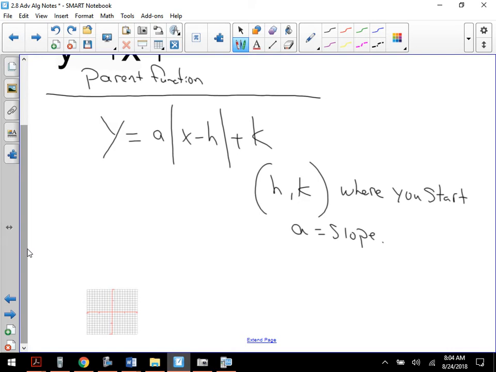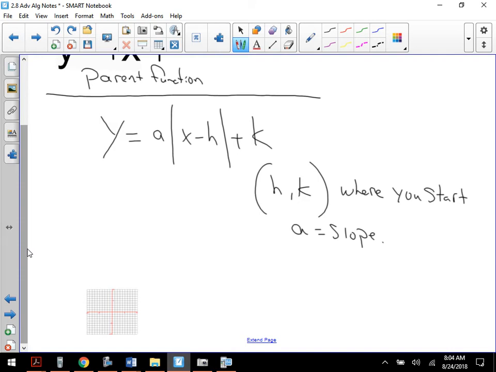H and K is where you start, A is your slope. And this just takes a little getting used to of how it's written.